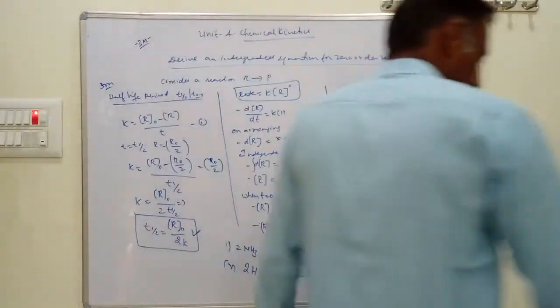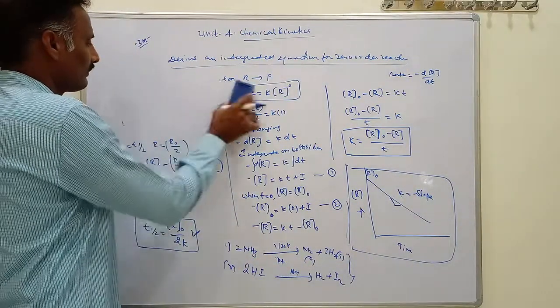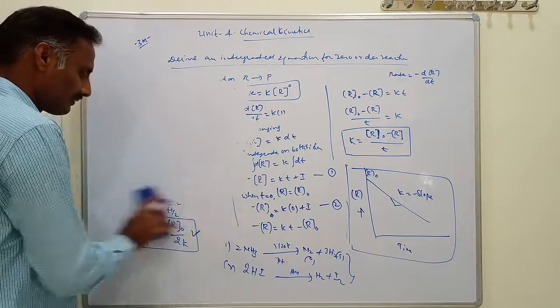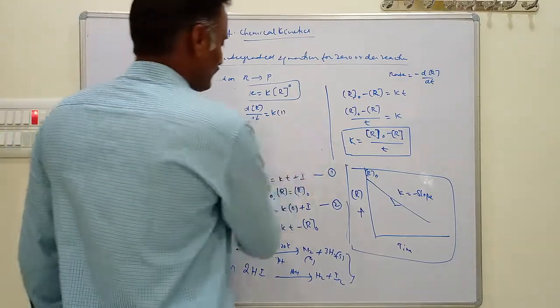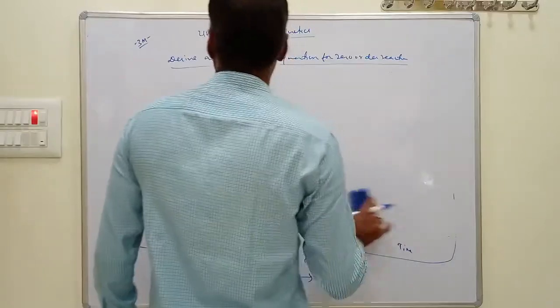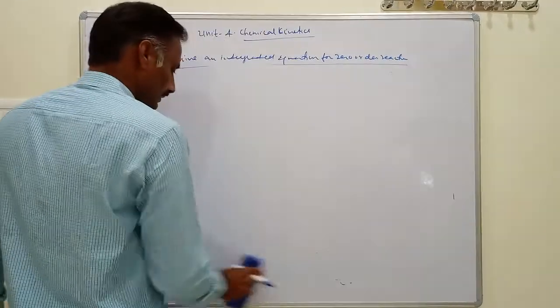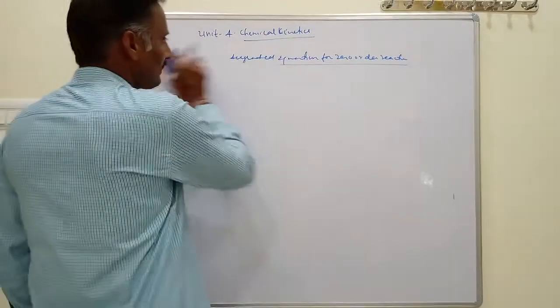Then what is the next one? Here we are deriving two more derivations. One is the integrated rate constant expression for first order reaction.